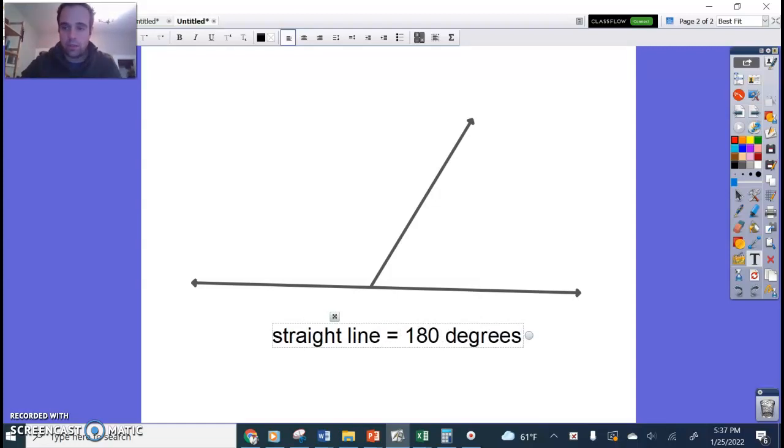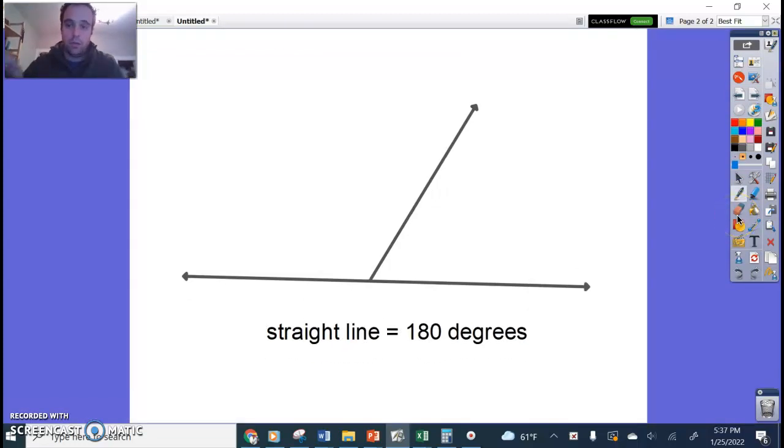Always, always, always. The reason for that: if I have a circle, you probably heard the circle is 360 degrees. If you do a 360, it means you are turning all the way around. So if that whole thing is 360, and I just split it in half, aka make a straight line, that would make that 180 degrees. So this is 180, the whole thing down here.